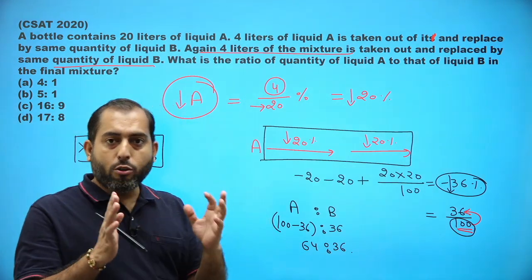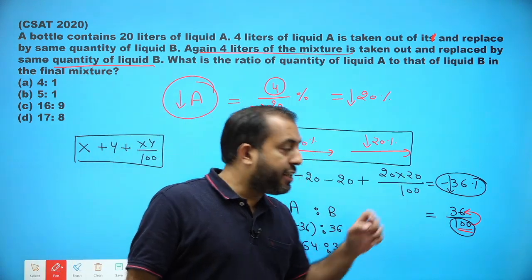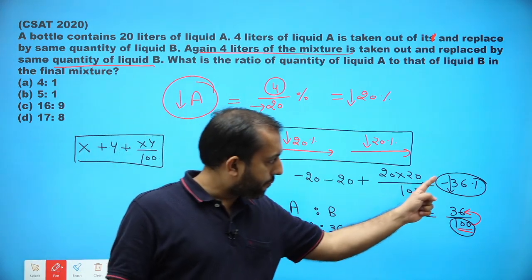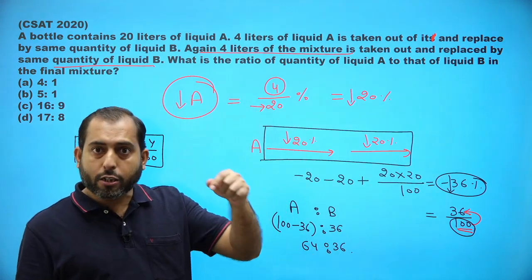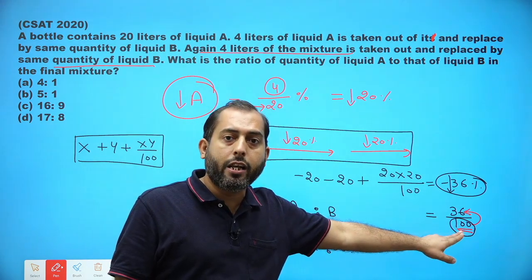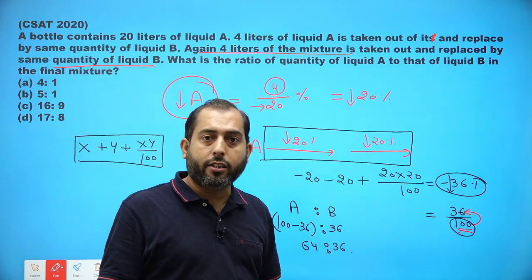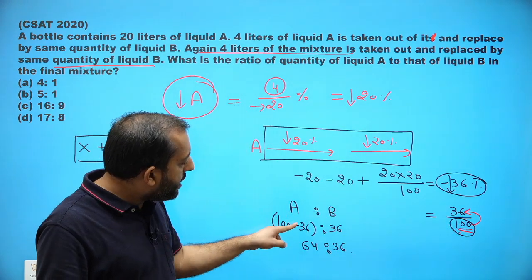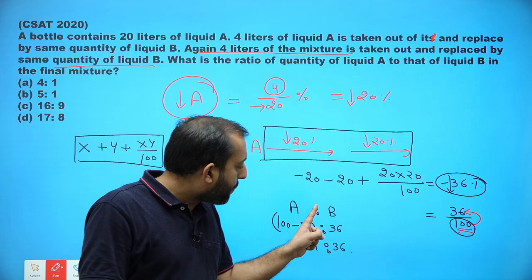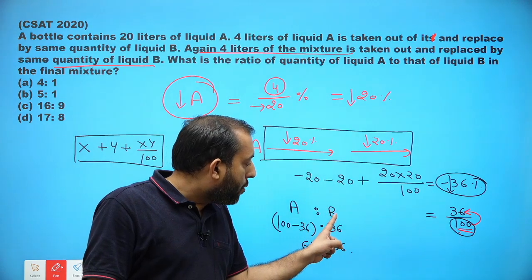Now let me tell you this one more time. 36% is the cumulative decrease here, which means 36 by 100, so if 100 was liquid A initially, it will get decreased by 36. So 100 decreased by 36, we are getting 64.